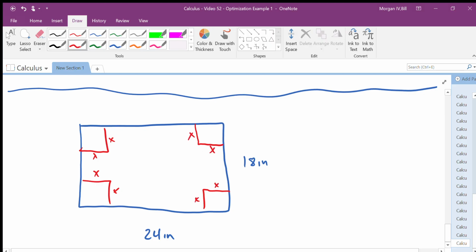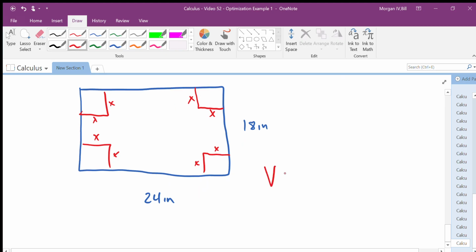And we got a volume equation, right? Volume is 24 minus 2x times 18 minus 2x times x. And then we multiplied that out and took the derivative to find the maximum.